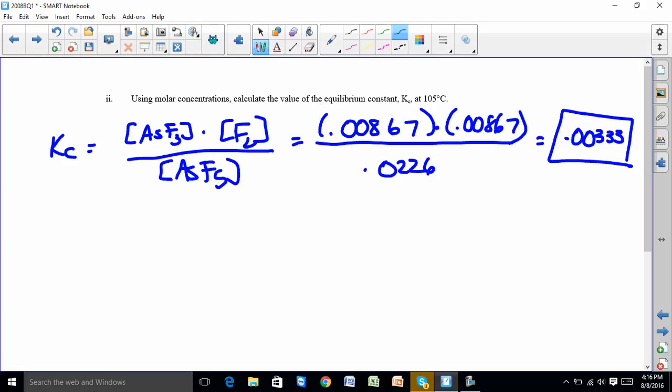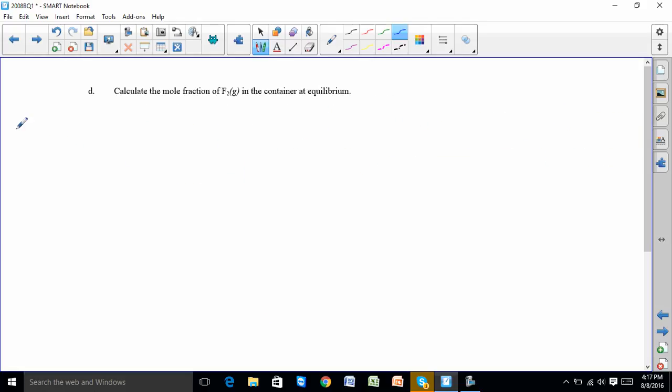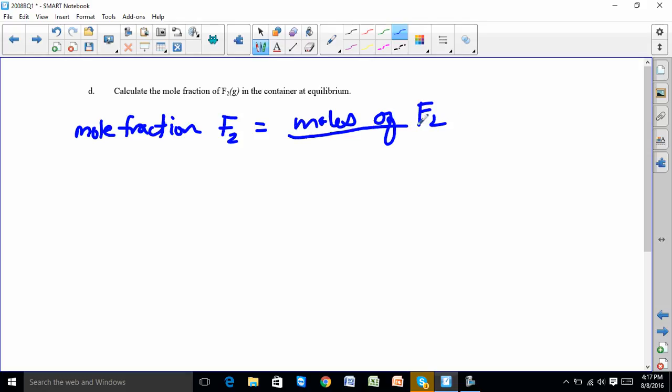This one's kind of weird. Calculate the mole fraction of F2 in the container at equilibrium. Now, mole fraction of F2 means it's the moles of F2 divided by the moles of all the gases.